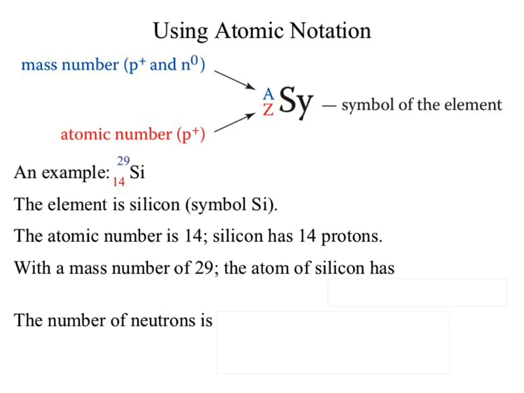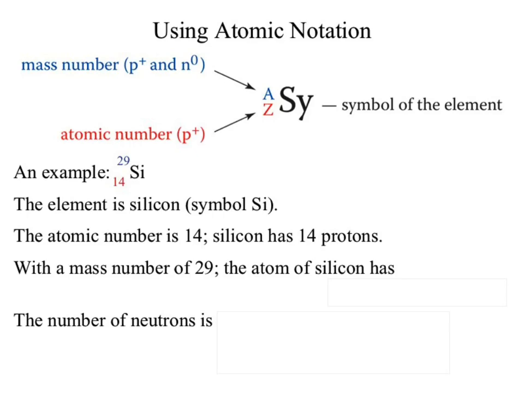The atomic number is now 15. The element becomes phosphorus. So an element can gain as many neutrons or electrons, but if it gains more protons, then it turns into a different element. Right? If I change the number of protons, I change the element. If I change the number of electrons or neutrons, I don't change the element. The element stays the same. Okay? Which is an important observation, I believe, for the next slide.